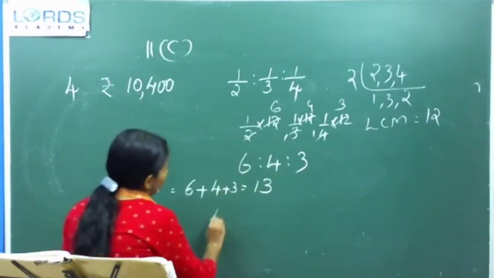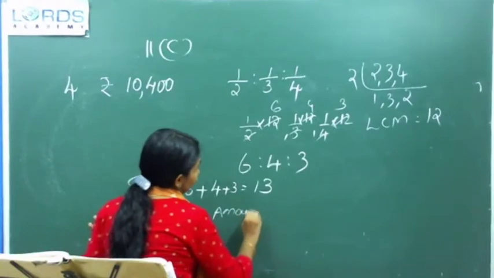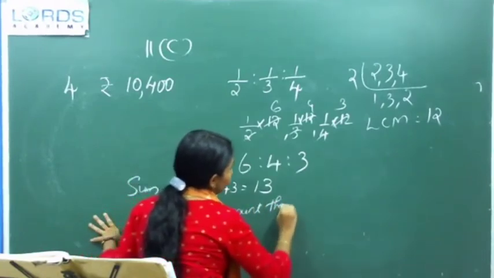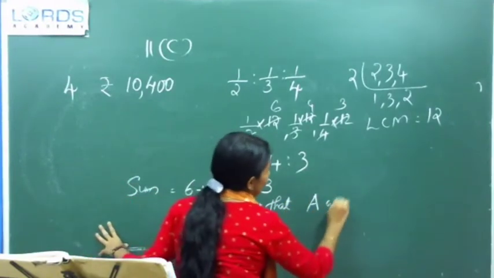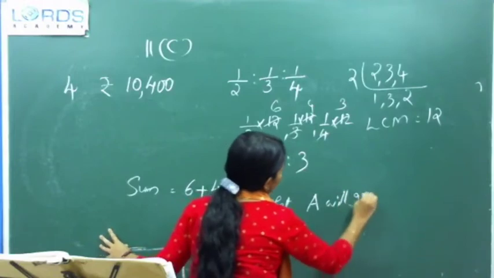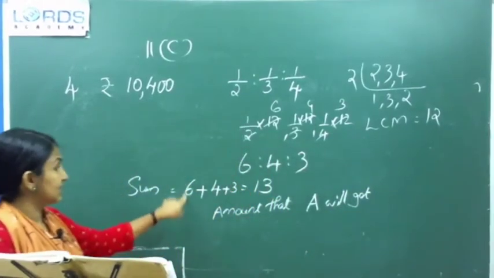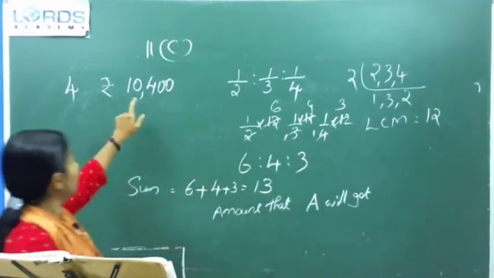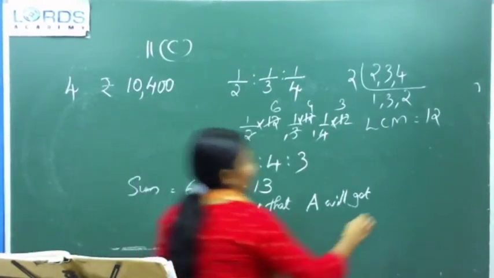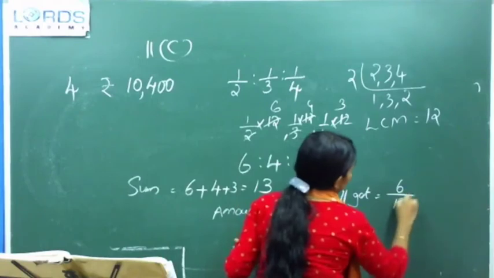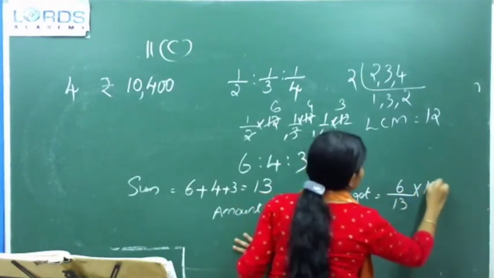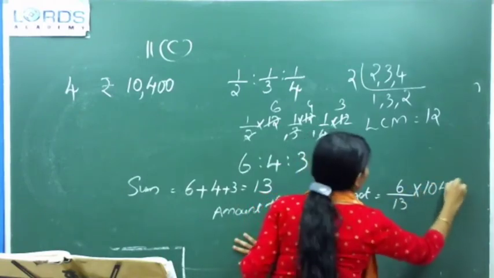So how much amount will A get? What is the first fraction? It is 6 by 13 into 10,400.